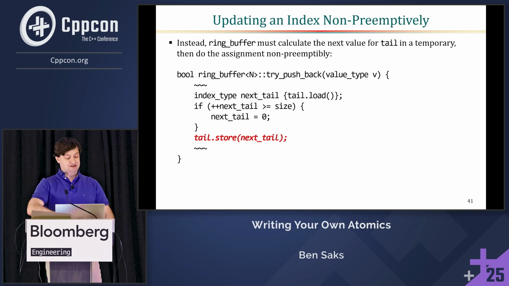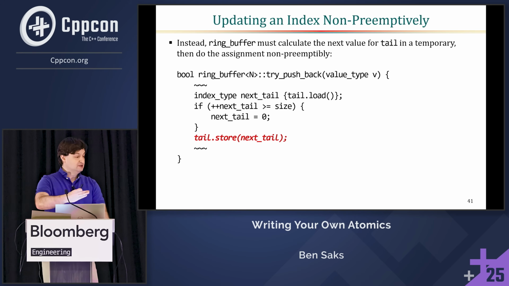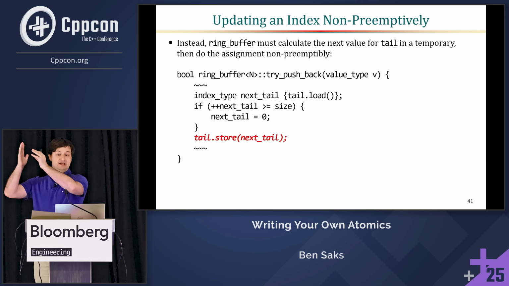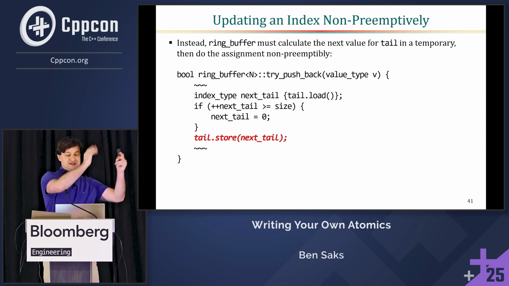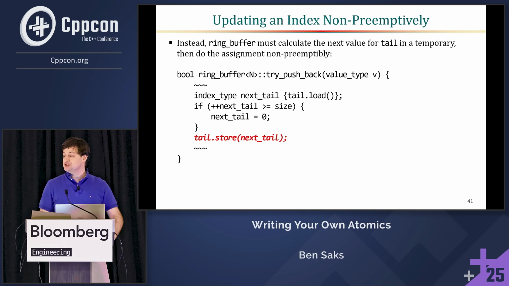And then we can go ahead and store that new value after we've done all of our calculations locally into the actual tail index in one fell swoop. That's going to give us something that really is an operation that can't be preempted. We see the tail index having its old value, and then we immediately see it having the new value that it should have after the operation is finished from any other thread that's observing this stuff.